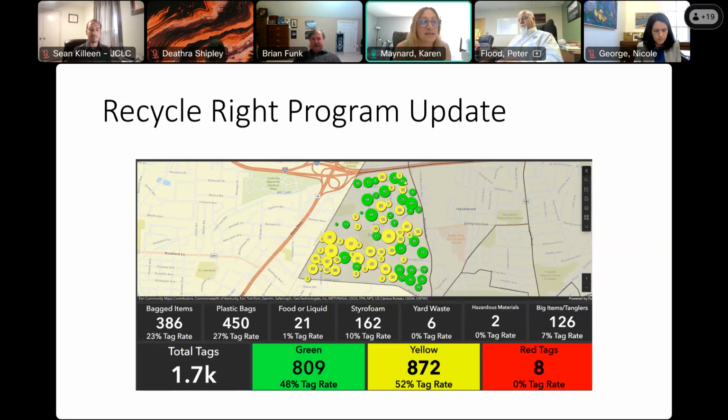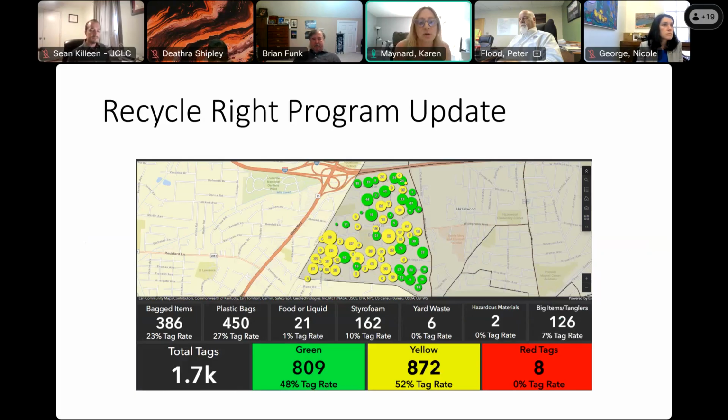The red tag is reserved for carts that are really being misused. It's all garbage. Occasionally we come across one with yard waste all in it, or even just a bunch of material. I've seen one where it looked like someone cleaned out a garage. So although there might have been some scrap metal or something, it's nothing that was actually wanted.